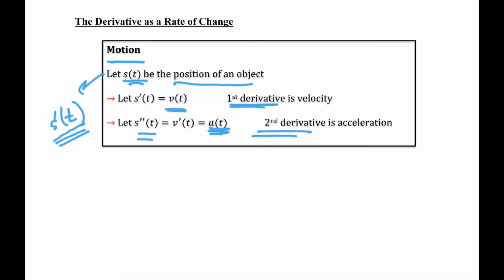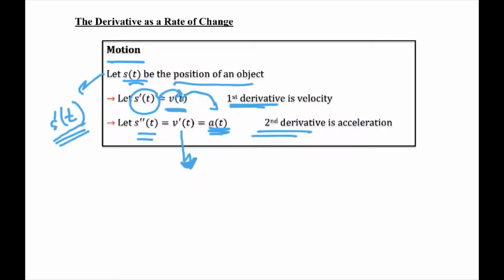The neat part about the acceleration is that when you take the first derivative of the position, that gives you the velocity, and when you take the derivative of the velocity, it will give you the acceleration, which is the second derivative of the position.